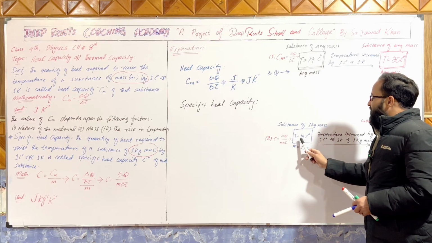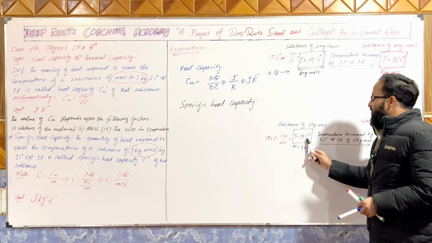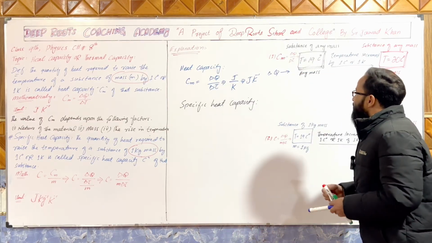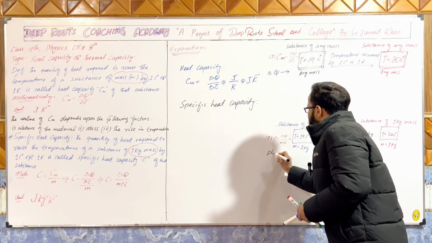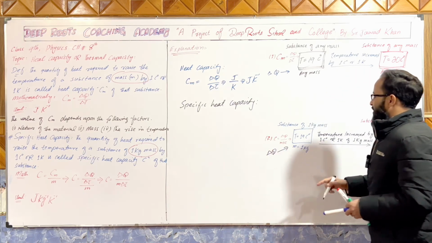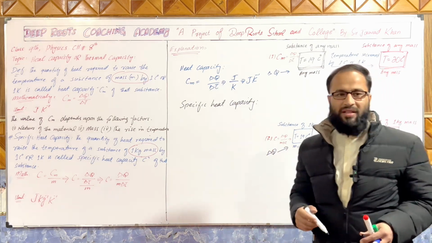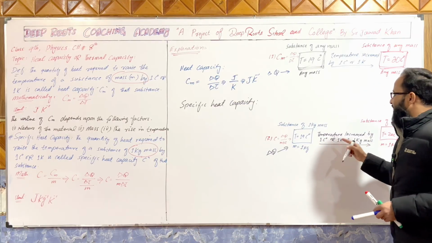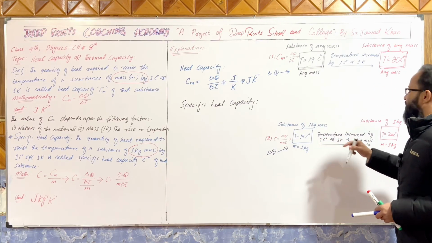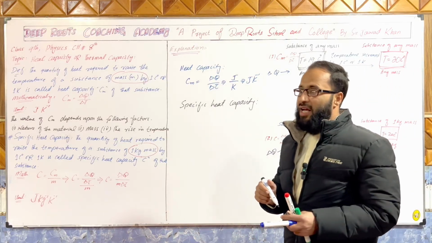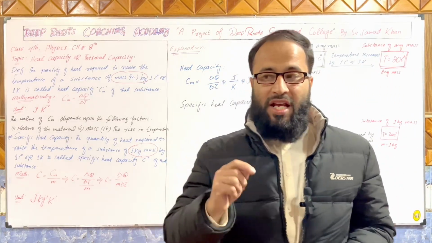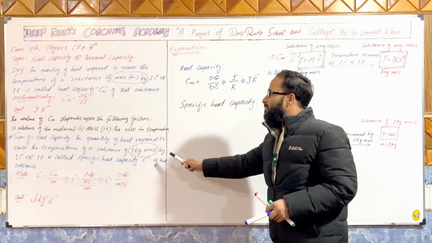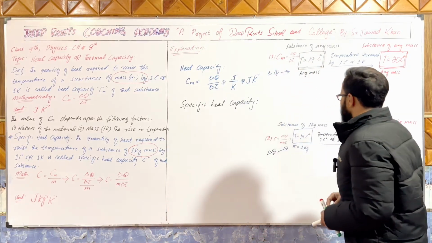As the diagram shows, if we have a substance having a mass of only 1 kg, and the temperature of this 1 kg of substance is 19 degrees centigrade, let's suppose, and I am providing heat to this substance, this heat is absorbed by the 1 kg substance, and the temperature increases by 1 degree or 1 Kelvin. 1 kg of mass is a very important term in specific heat capacity.